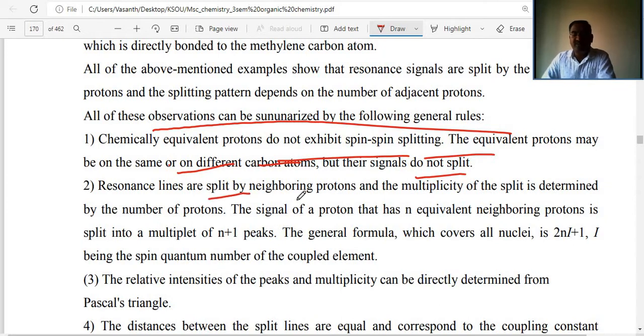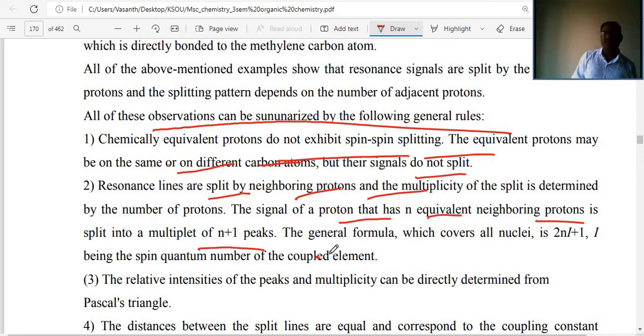Resonant lines are split by neighboring protons. The signal of a proton that has n equivalent neighboring protons is split into a multiplet of n plus 1 peaks.